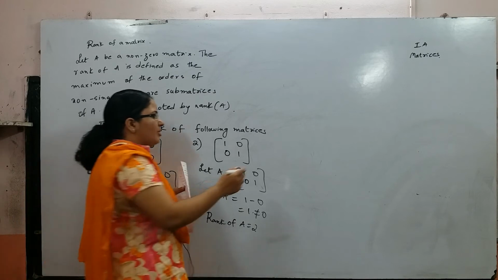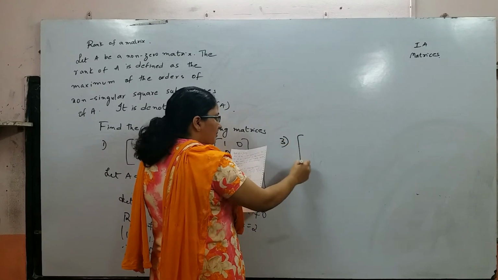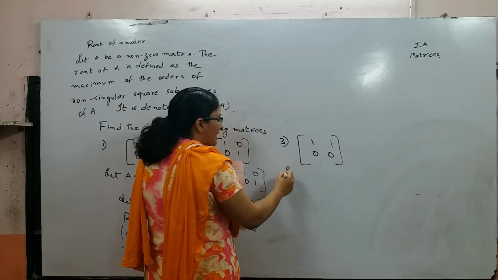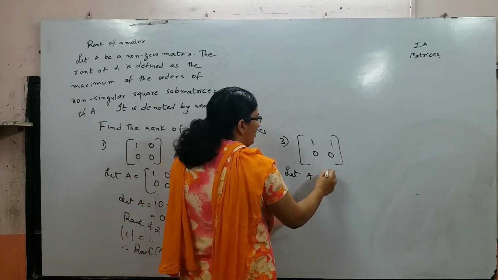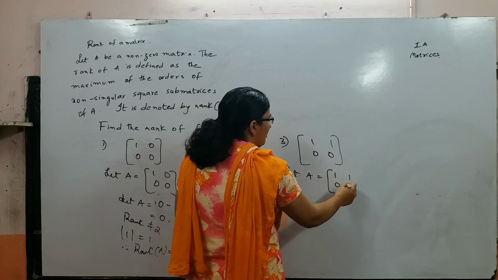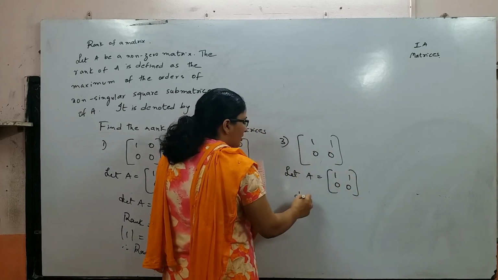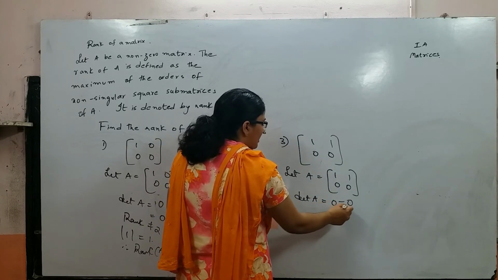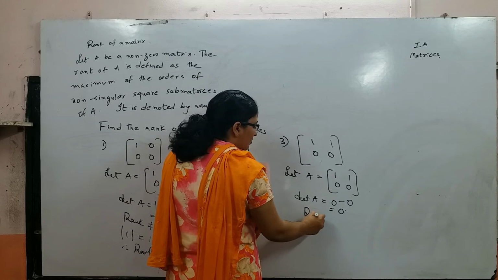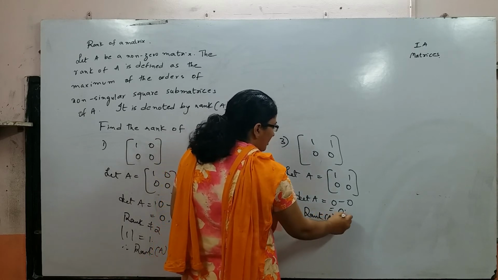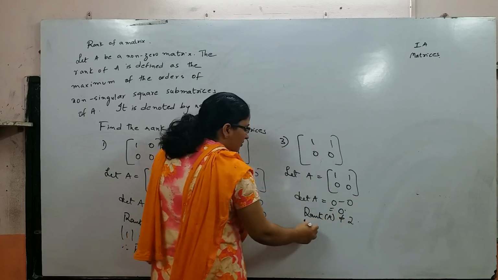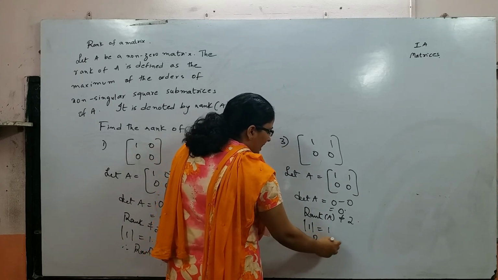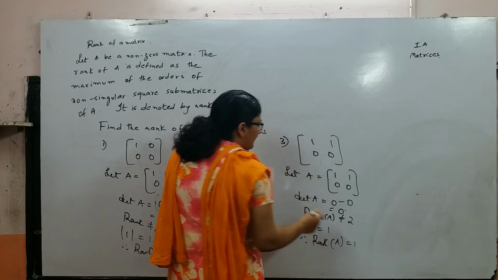Let us see the third problem. 1 1 0 0. Let A be 1 1 0 0. Determinant of A is equal to 0 minus 0, which is 0. So rank of A is not 2. Determinant of 1 is equal to 1. Therefore, rank of A is equal to 1.